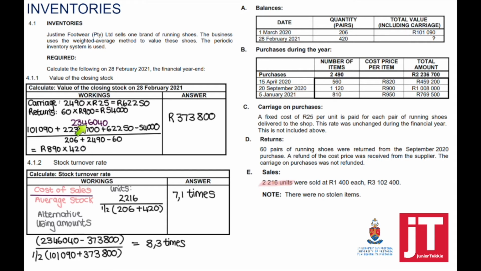So I can use the figure which I've calculated in 4.1.1, and we're going to subtract the closing stock that we've calculated also in 4.1.1, divided by the opening stock, the amount, plus the closing stock which we've calculated, and then we have to divide it by 2, so we times it by 100. Take note that my answer is 8,3 times, so it's slightly different if I'm using amounts compared to the units.